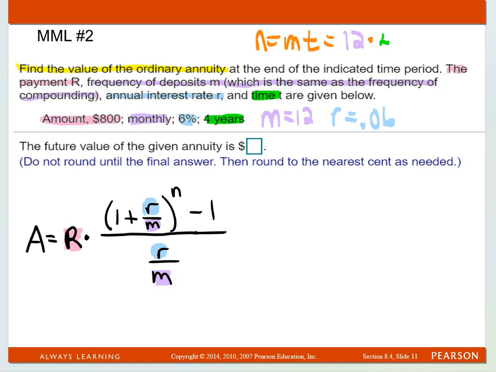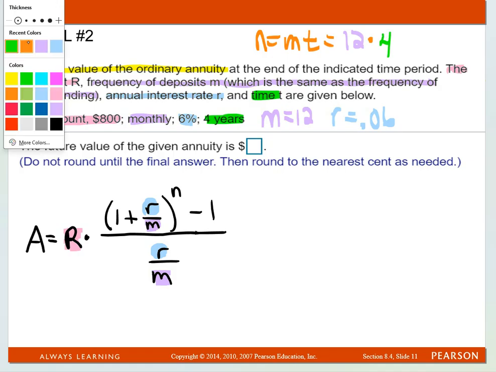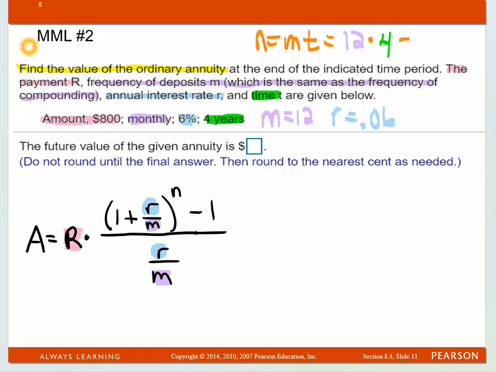So 12 times 4 is going to be calculated 48 times, and that goes right here. So I just need to take all of my numbers and stick them in.